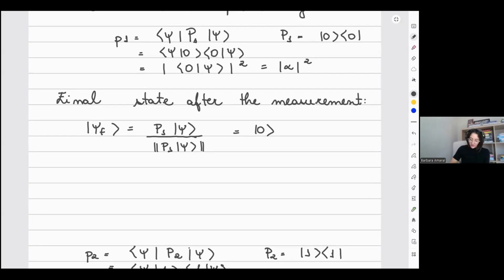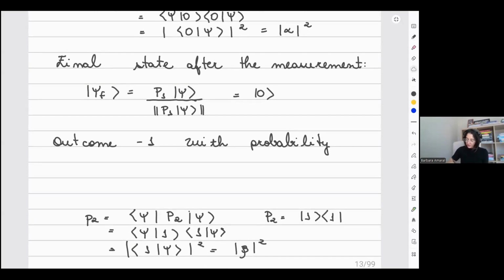Okay, but we have outcome -1 with probability, this one that I already computed because I was crazy.